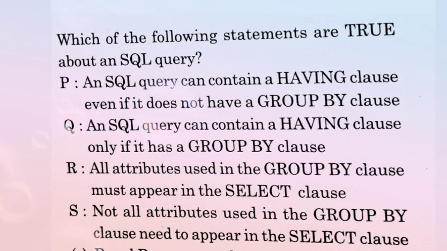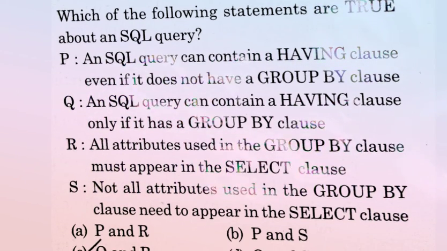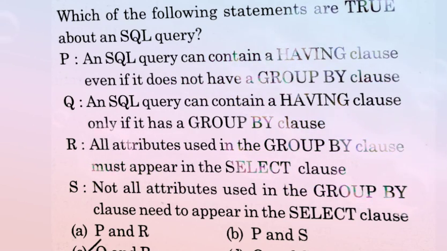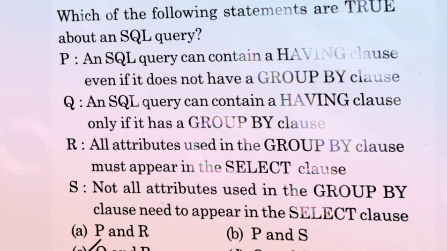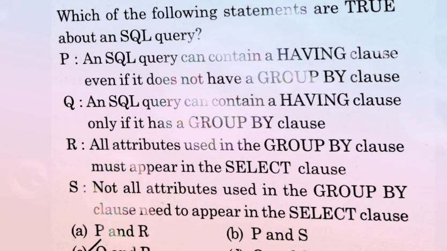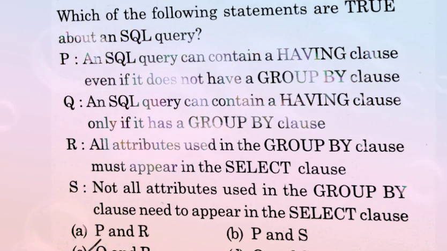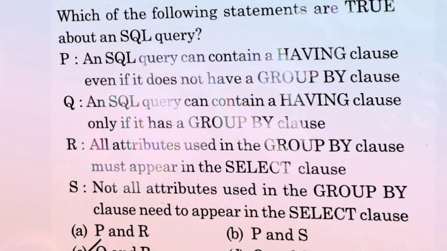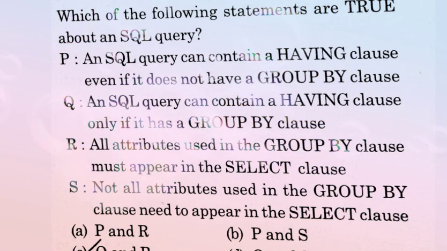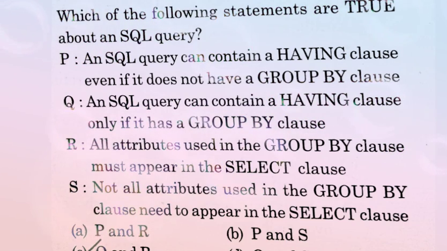Which of the following statements are true about an SQL query? There are four statements. Statement P: an SQL query can contain a having clause even if it doesn't have a group by clause. Statement Q: an SQL query can contain a having clause only if it has a group by clause.